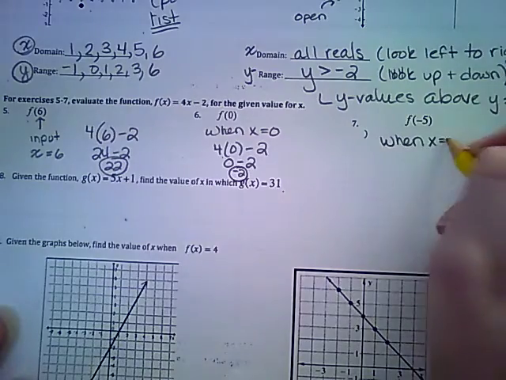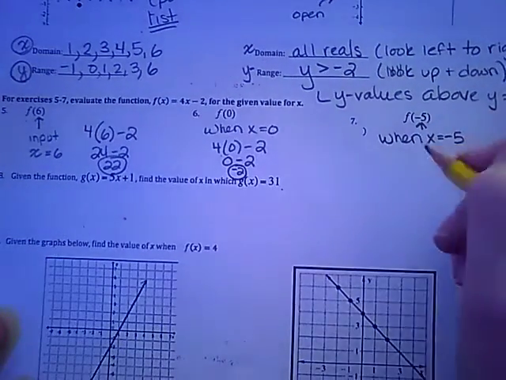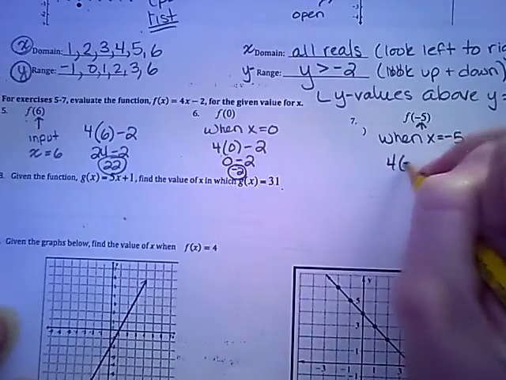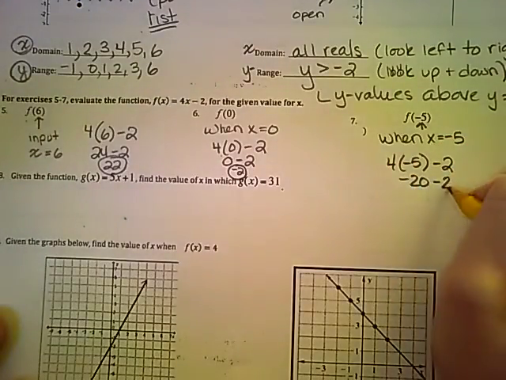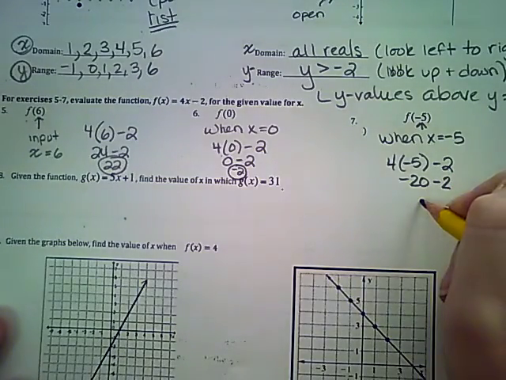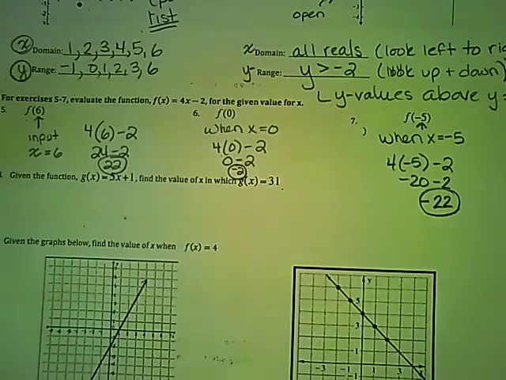That's when x equals negative 5, because that's your input. It's inside the parentheses. 4 times negative 5, take away 2. Negative 20, take away 2 is negative 22. Any questions on those?